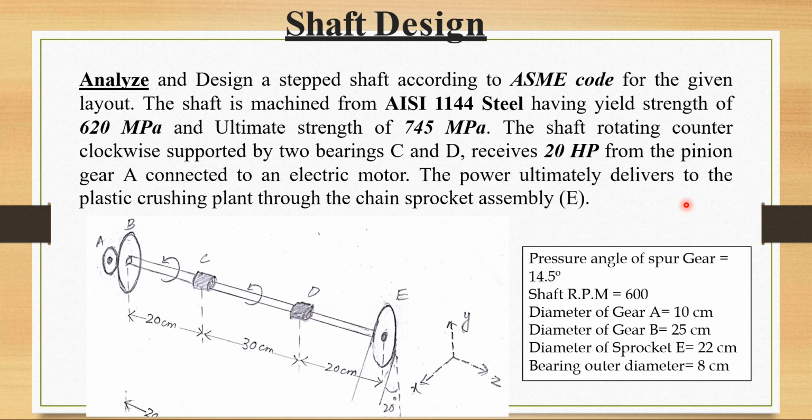And last but not least, one correction that I have to make, and it's very important: when I was teaching this topic to section B, there was a mistake in the WT and WR directions. So for section B students, please correct those directions. I drew this direction wrong in the class. The WT direction will be tangential, passing through the tangent, and WR will be radial, going toward the shaft.